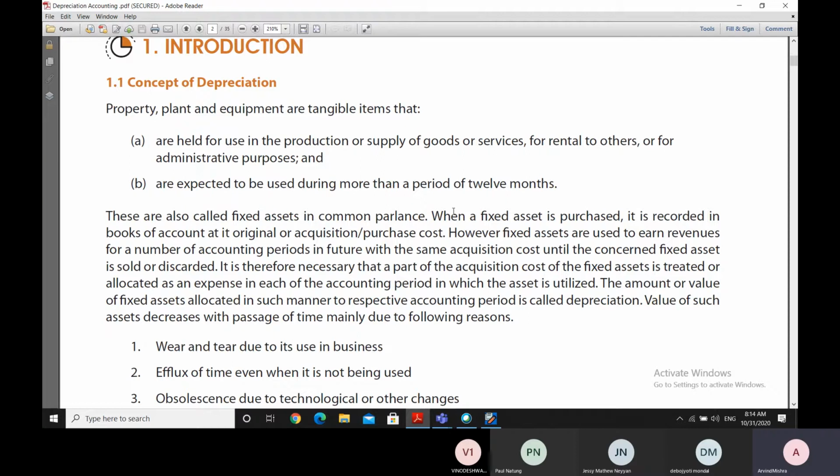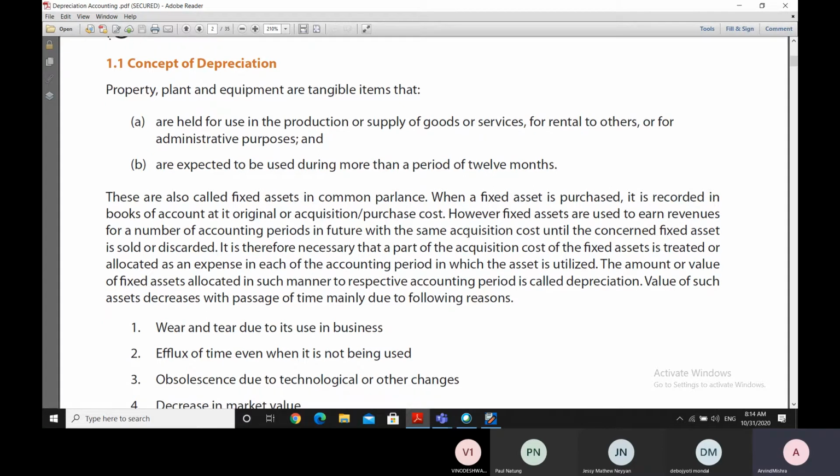Now, whenever we purchase fixed assets, we record that in the books of accounts at original cost, or original purchase cost, or original acquisition cost. But fixed assets will be used to earn income or revenues, not for just one accounting period in future, but for a number of accounting periods.